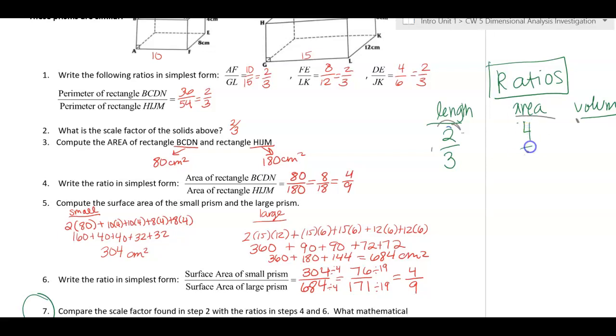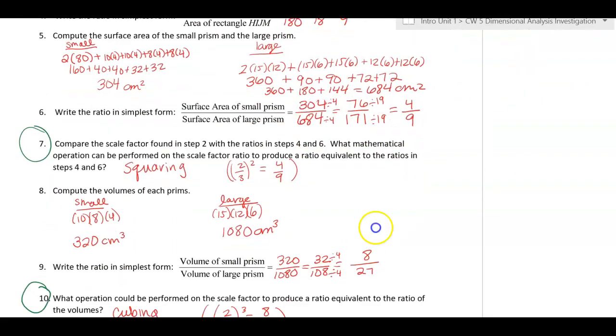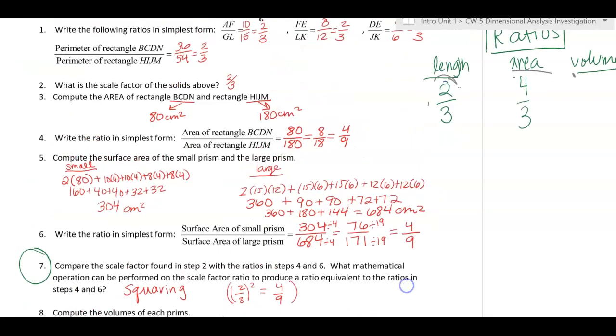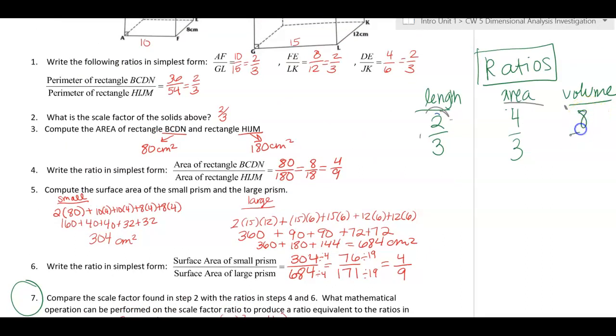So I'm just keeping track of them here so we can look at that relationship because it asks you about it later. And then you guys went and calculated volume later on, and your volume ratio should have reduced to 8/27. Okay. So here's a summary of what I have. The length or the scale factor between any single measurement was 2/3.